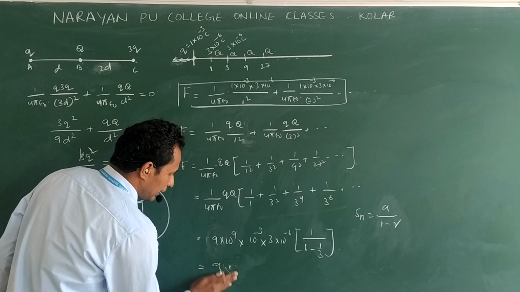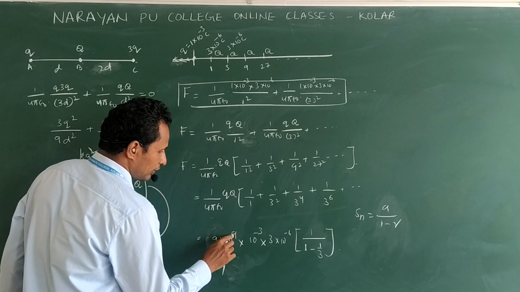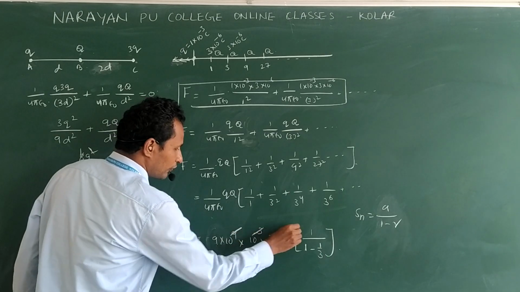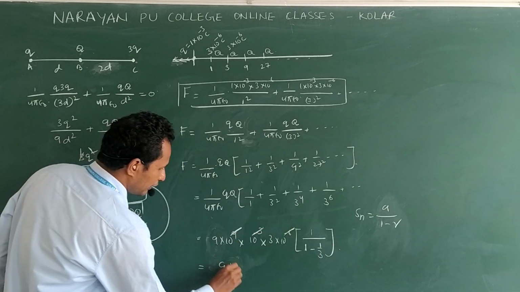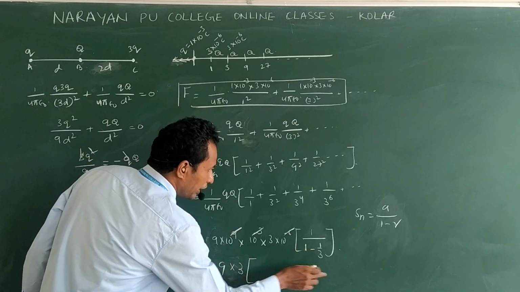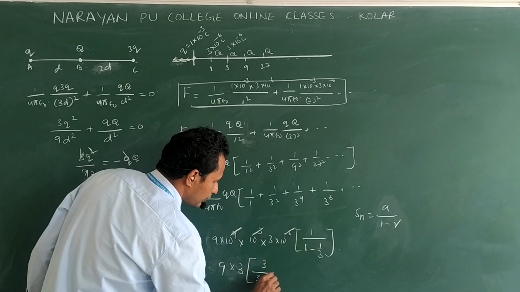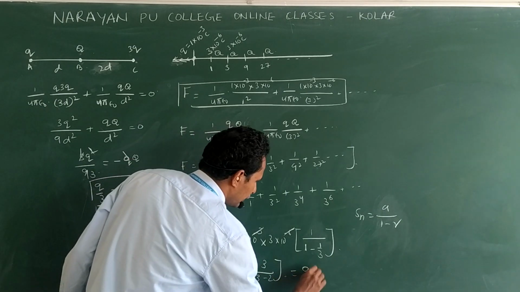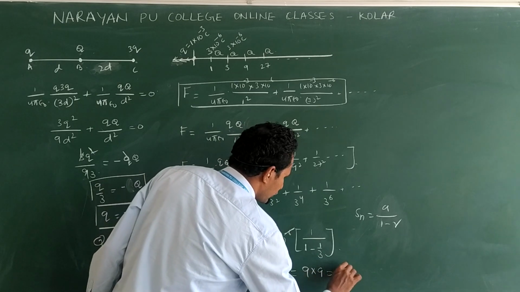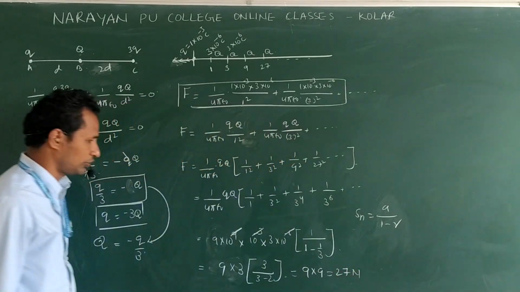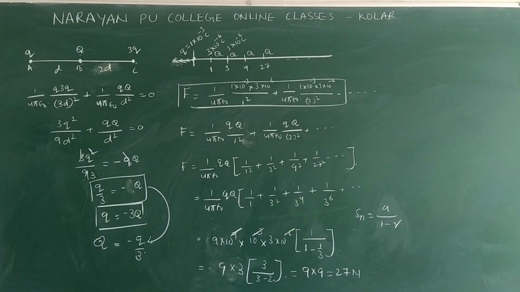We simply calculate here. 9 as it is, plus 9 minus 3 minus 6, minus 9 will be cancelled. So 9 into 3 into 3 comes up, 3 minus 2, and this is 9 into 9 is 27 newtons. Is there an option? Yes, there is 27 newtons, fourth option.